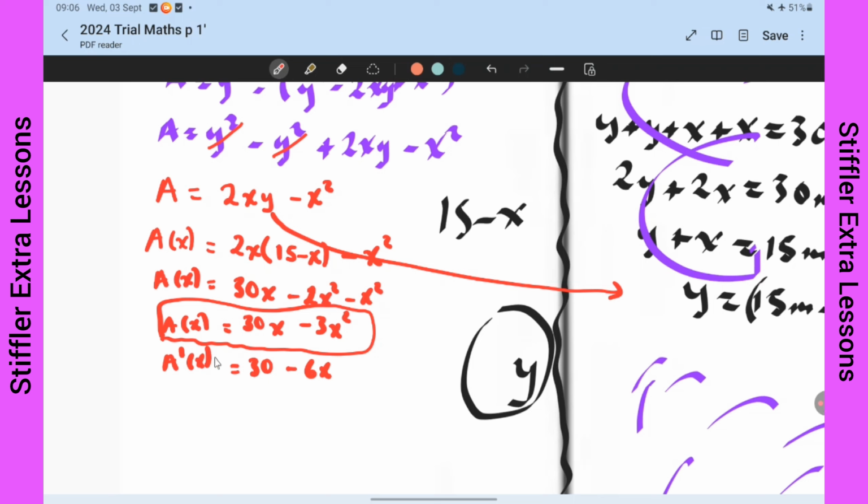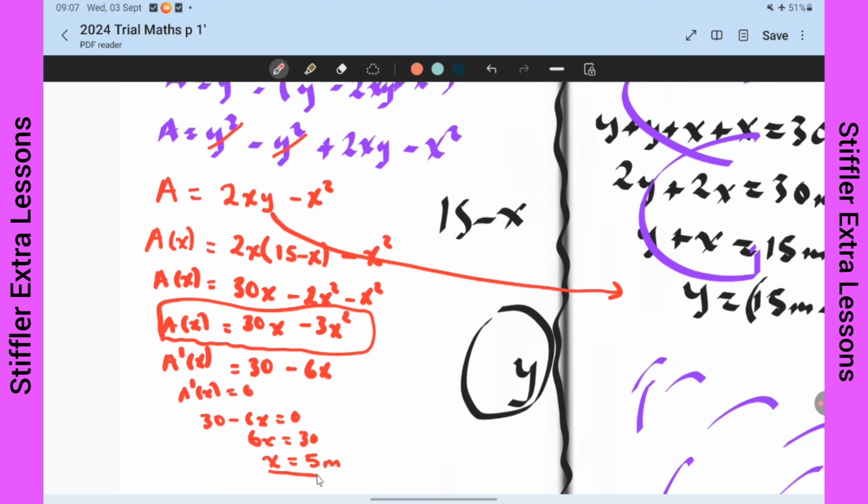So now our derivative with respect to X must be equivalent to 0. So 30 minus 6X must be equivalent to 0, which means that 6X will be equivalent to 30. So we've taken 6X to that side, and then it became positive. So 6X equals 30. Now we can divide by 6, so our X is equivalent to 5 meters.